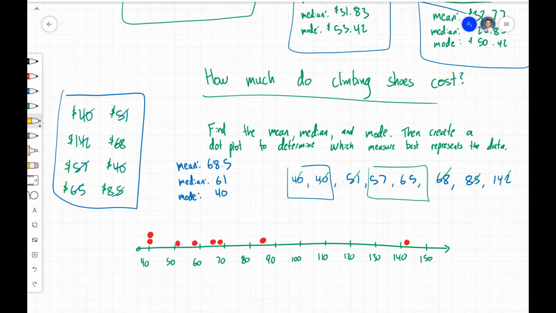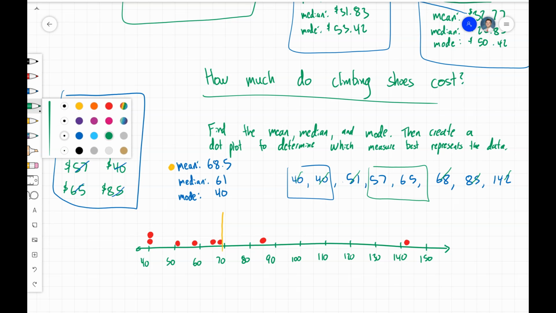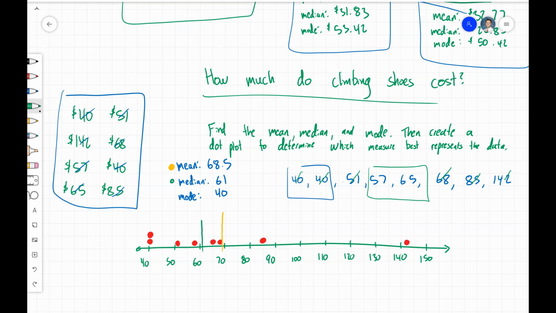So our mean at 68.5 would actually be right over here, because this red point here represents 68. So our mean would be this yellow line. Our median at 61, that would be about here. So that'll be our green line. And then our mode with the blue line would be right here at 40.